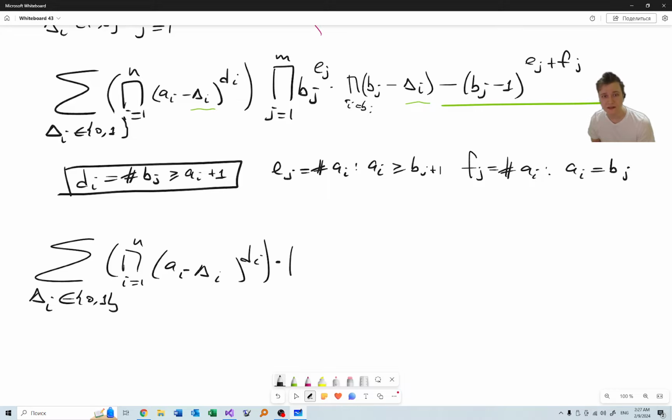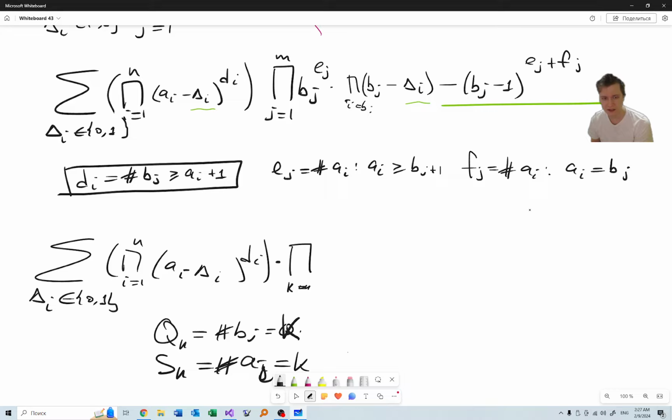But here, let's take the product over all k, and again let's introduce those variables. q_k equals the number of b_j's equal to k, r_k equals the number of a_i's which are equal to k, and s_k is the number of a_i's which are greater than k.